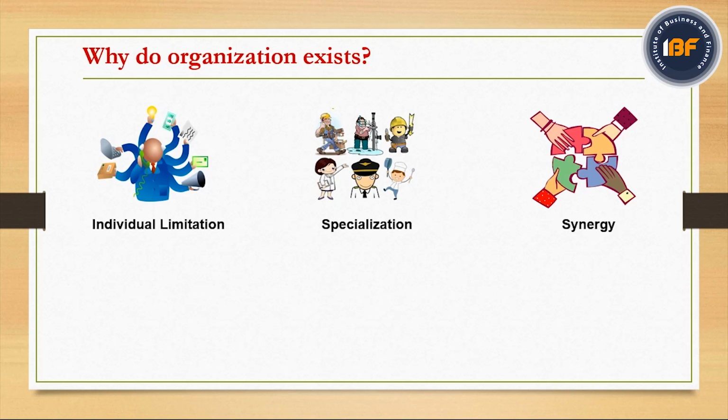Basically, being an individual, we cannot perform everything on our own, so we need someone to help us. In the same way, an organization needs specialized people because they know everything about the work. It means we need some specialized people to achieve a certain goal.